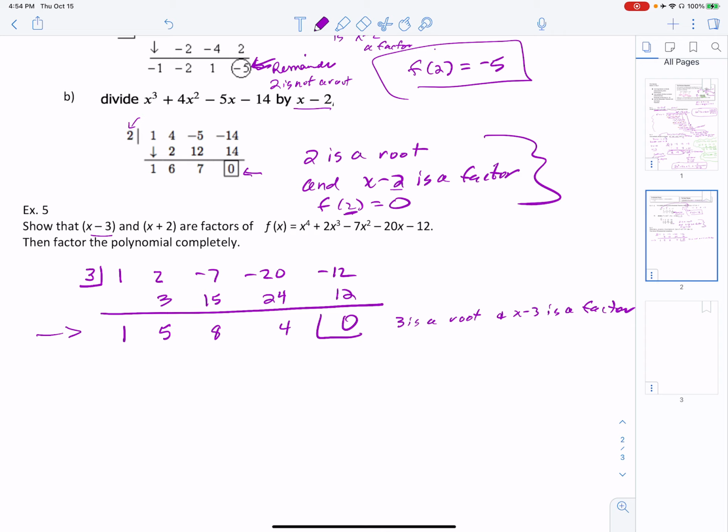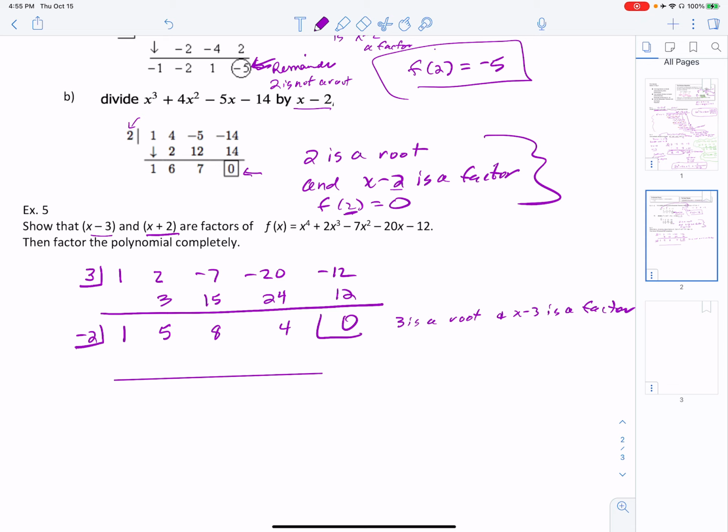And so what I'm going to do is, now I am also told x plus 2 is a factor. So I am just going to use those as they are and continue doing synthetic division, knowing this would be 1x to the cubed plus 5x squared plus 8x plus 4, because those are coefficients of a polynomial of 1 degree less.